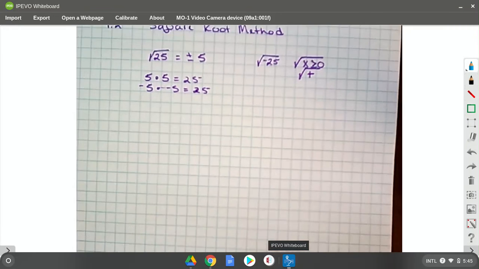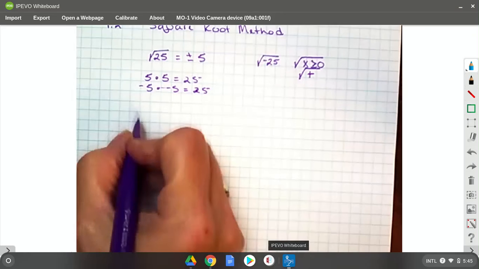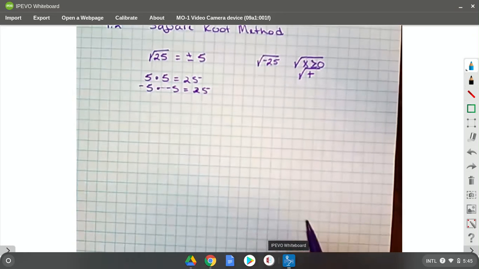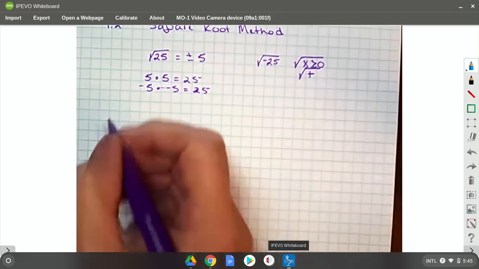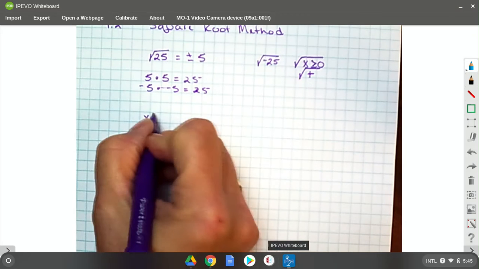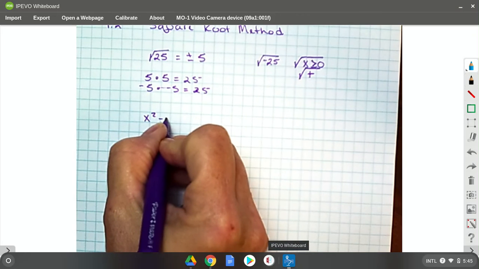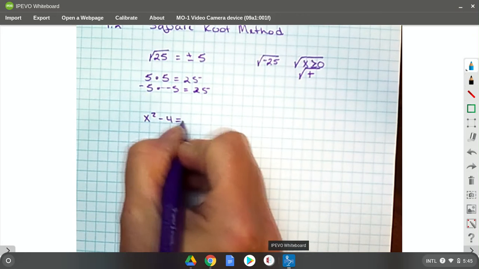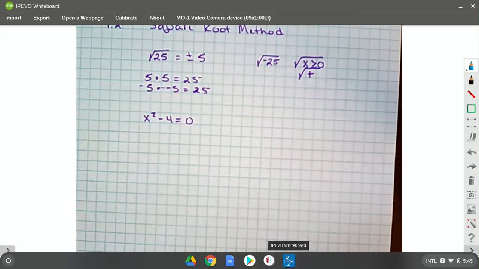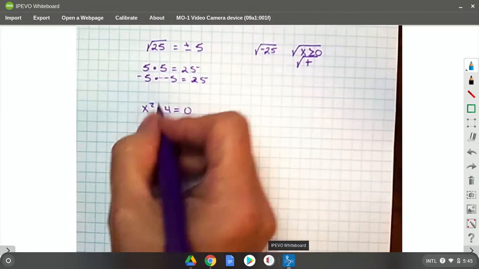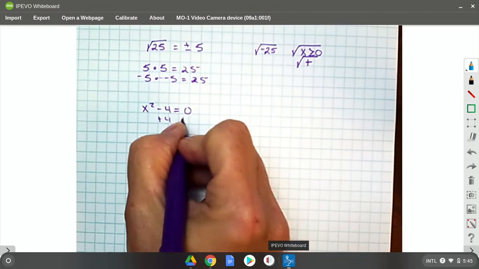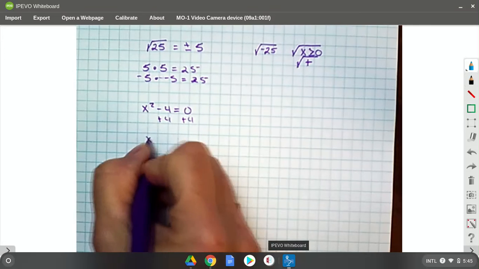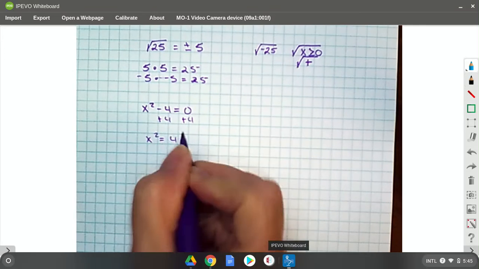All right, so the square root method is just take the square root of both sides. Let's say that I have x squared minus 4 equals 0. Well, both of those are squares, right? If I add this 4 to both sides, then I've got x squared equals 4.